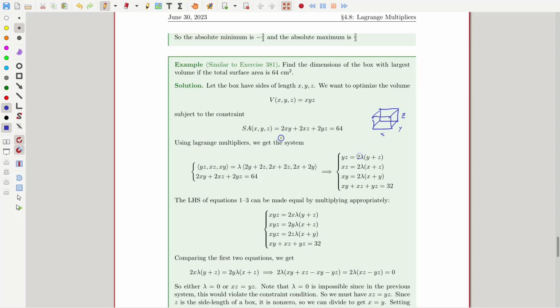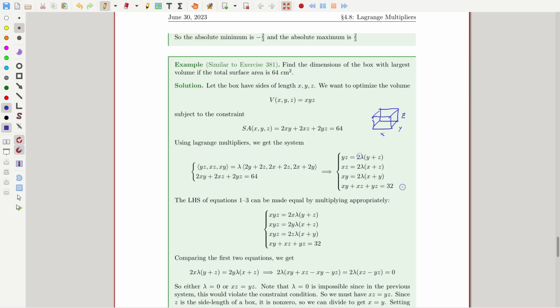So the x derivative gives you 2y plus 2z. The y derivative gives you 2x plus 2z. And the z derivative, this goes to 0, the z derivative gives you 2x plus 2y. And so I wrote that here. And then splitting this vector equation up, and also factoring a 2 out of everything just to make it look a bit nicer, we get this. Oh, and I also get rid of the 2 here in the constraint.